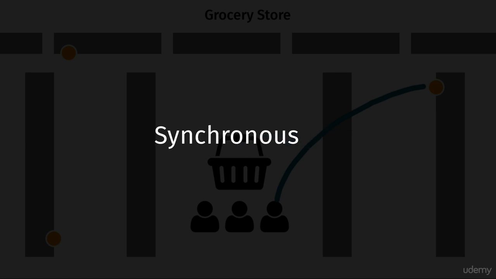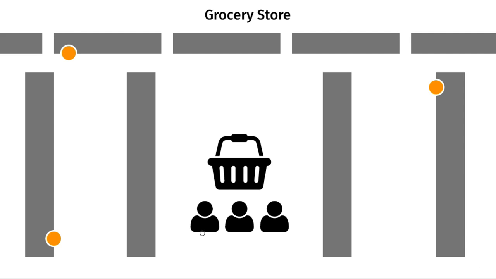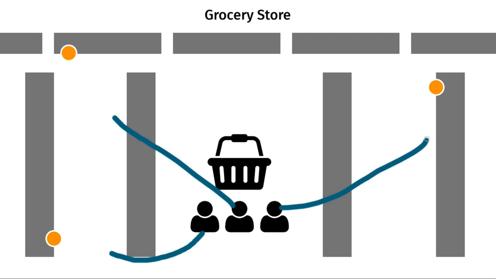Now the opposite of this is asynchronous. So in an asynchronous world, all three people could be simultaneously walking to get their item in the grocery store, right? So this person starts walking, this person starts walking, so does this person. Now, there's no guarantee or predictability of who's going to finish first, but in this case, it doesn't matter. The idea is just that all three people are working at the same time, right?